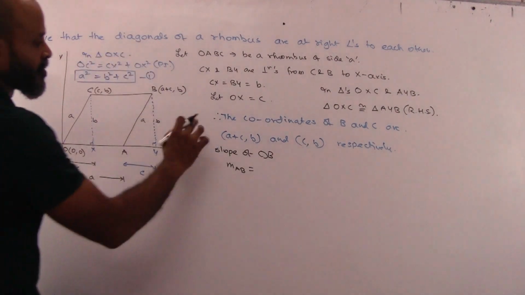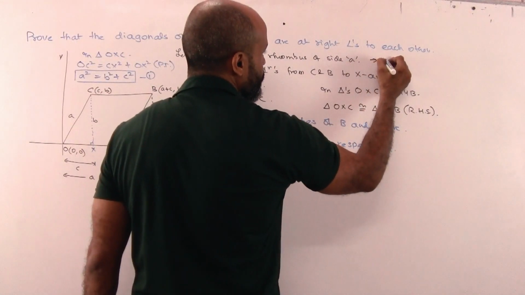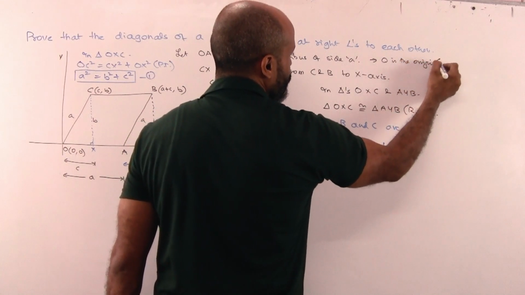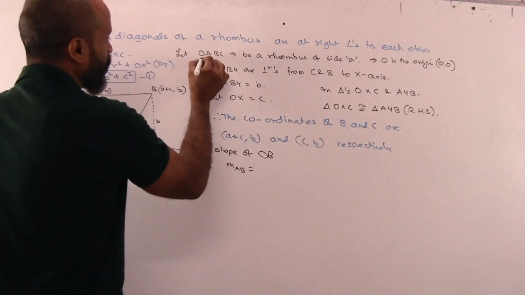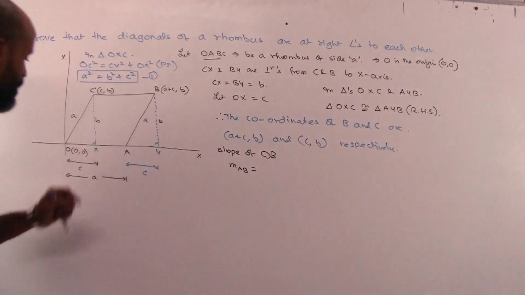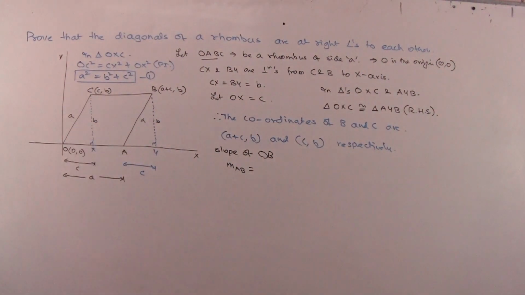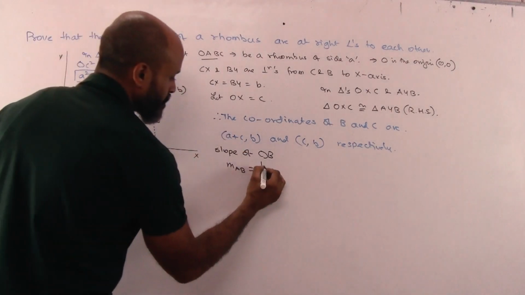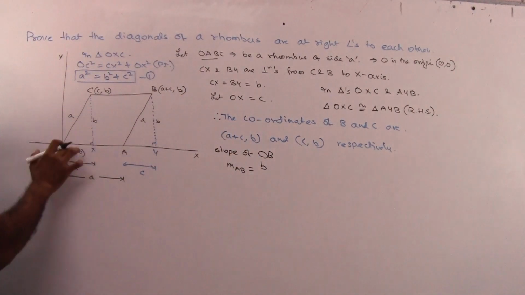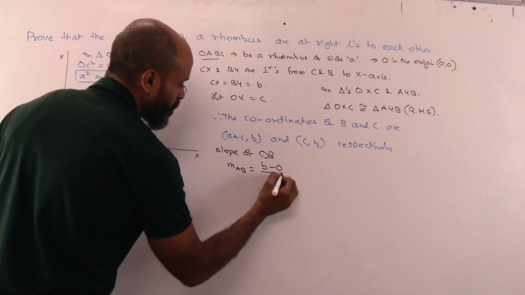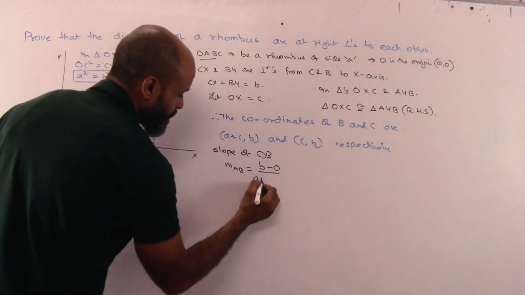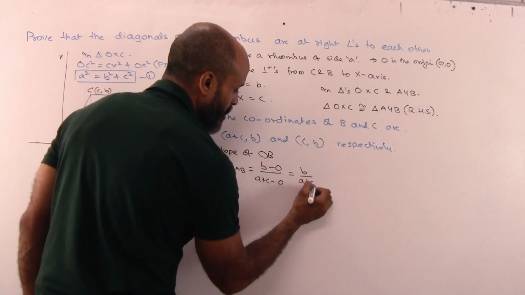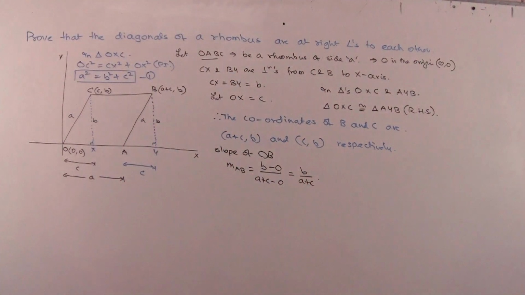We have taken a rhombus OABC such that O is the origin. Now what will be M of AB? Slope of AB will be Y2 minus Y1, B minus 0 upon A plus C minus 0. So that gives you B upon A plus C. This will be the slope of AB.